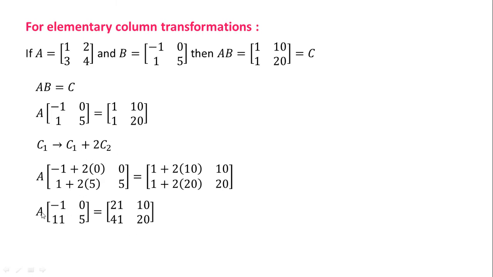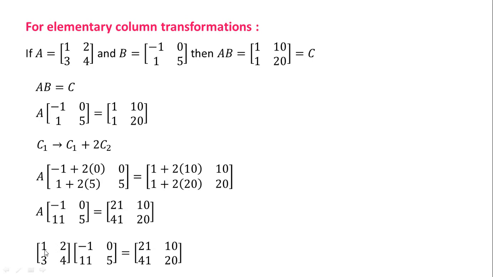Here A remains as it is. Post factor B is changing here, and C also changes. Now if you check this product, see, A remains as it is. We have to keep A as it is. Only the post factor is changing in this equation, and it gives the RHS.